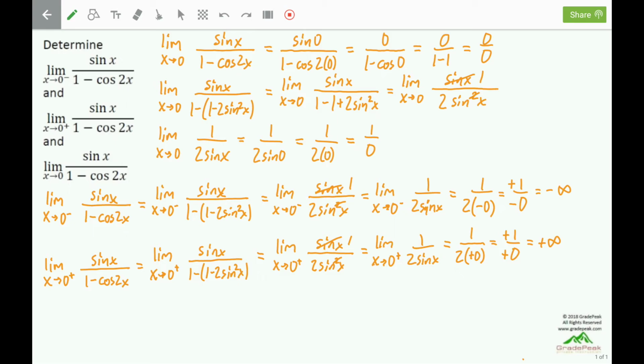And there's the result of the right-sided limit. The two-sided limit depends on the results of the one-sided limits. They do not match. The two-sided limit up here will therefore equal does not exist. And there's the results of the three different limits.